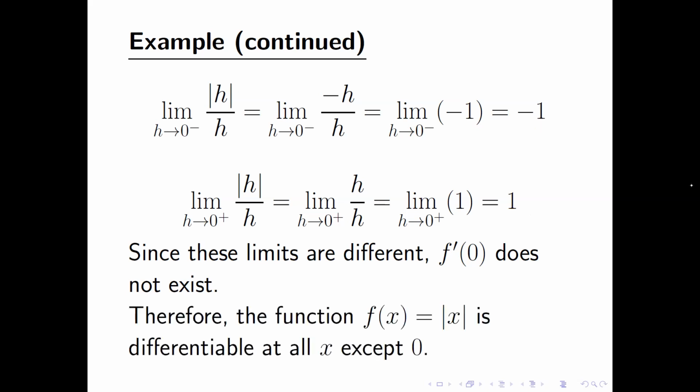Therefore, we may say that this function is differentiable everywhere, except when we are at 0, because we saw that the limit does not exist at 0. So it's not differentiable at 0, but it's differentiable everywhere else.